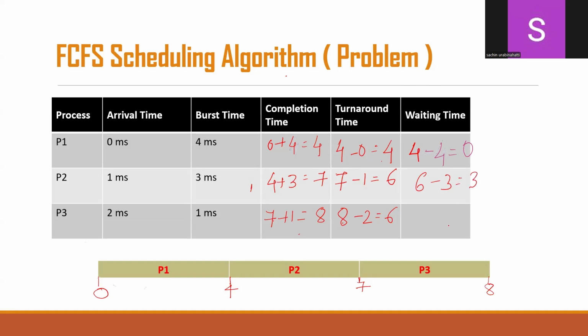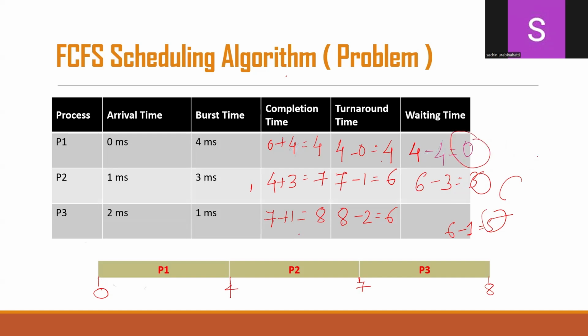Similarly for P3, the turnaround time is 6 and the burst time is 1 microsecond, which gives 5. So the waiting time for P3 is 5, the waiting time for P2 is 3, and the waiting time for P1 is 0.